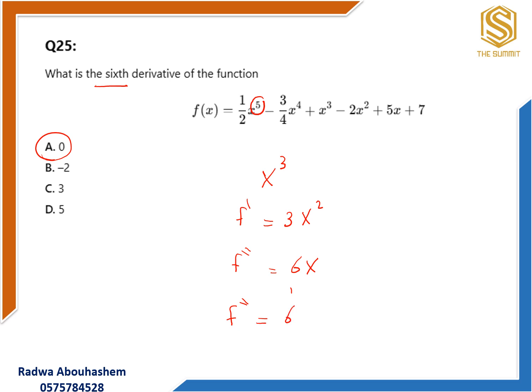If I took it for the fourth time, it would give me 0. So every time you take the derivative, you decrease the power. So if the derivative he asked you to get is greater than the greatest power you have in the question, the answer would be 0.